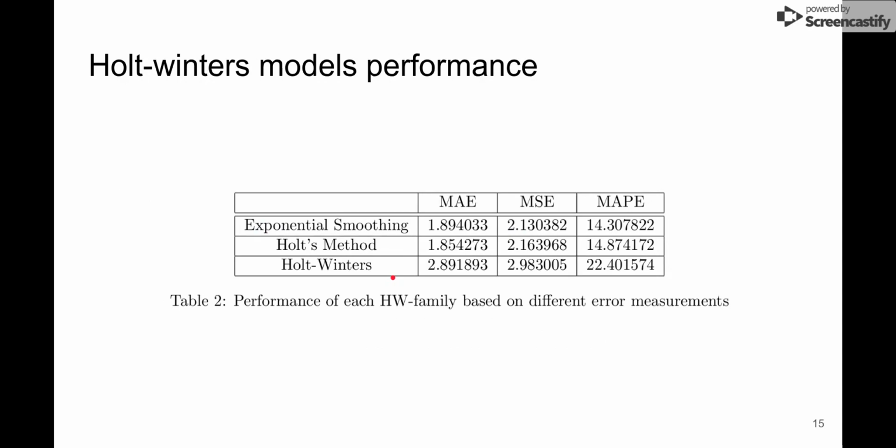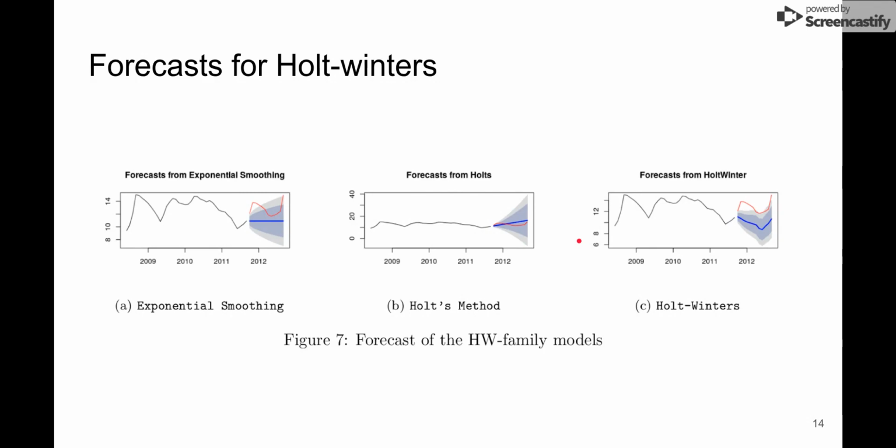Based on the error measurements, the mean absolute error shows that Holt's method is performing better, but in the other error measurements, exponential smoothing is performing better. So it's a very close call, but if I had to choose between Holt's and exponential smoothing, I would go with Holt's method, because the prediction intervals at least contain the test data.